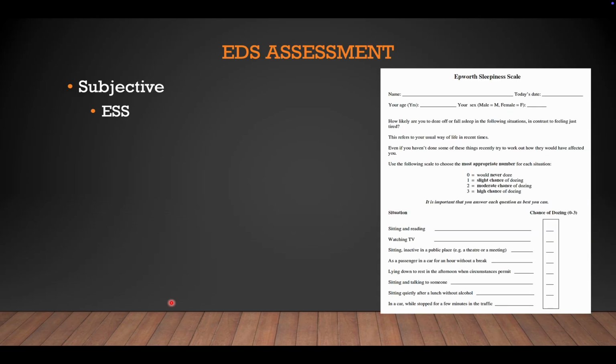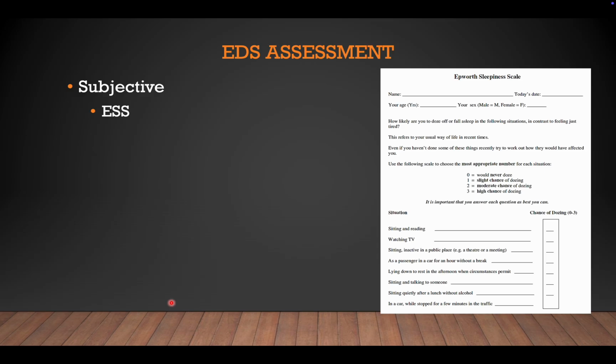So, how do we assess this excessive daytime sleepiness? It can be assessed subjectively and objectively. The most common tool used is the Epworth Sleepiness Scale, which everyone knows has 8 situations, each of which can be graded from 0 to 3 based on the level of sleepiness the patient was experiencing over a few days to a few weeks.